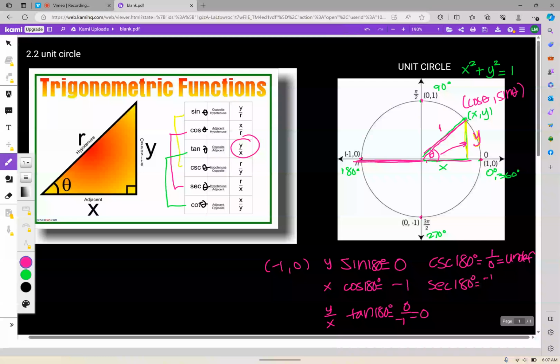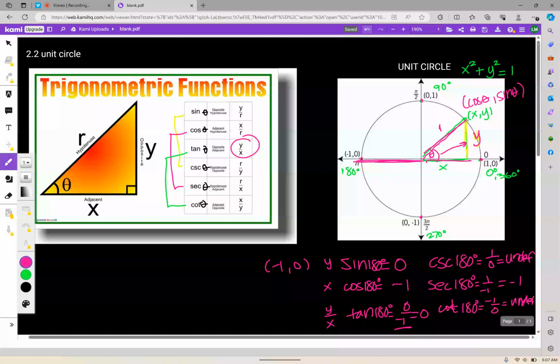So 1 over negative 1, which is still negative 1. And then cotangent of 180 degrees is the reciprocal of tangent, so negative 1 over 0, which is undefined. All right, so that's how you do those on the unit circle.